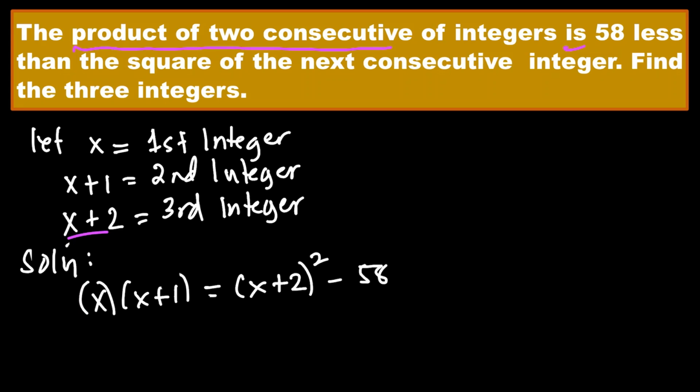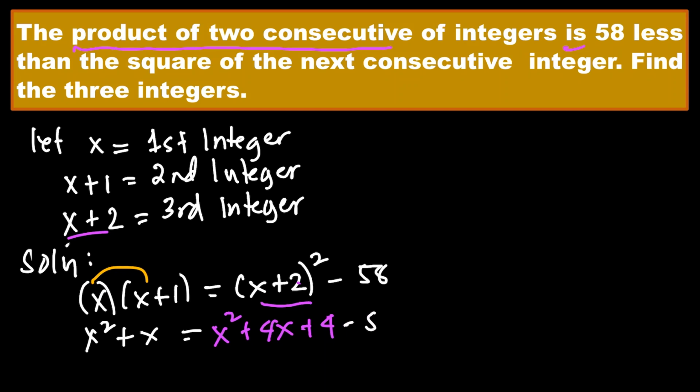Now we can simplify this further so that we can solve for the values of x. Alright, if we distribute this here, that will give us x squared plus x, and simplifying this one, this will give us x squared plus 4x plus 4 minus 58.